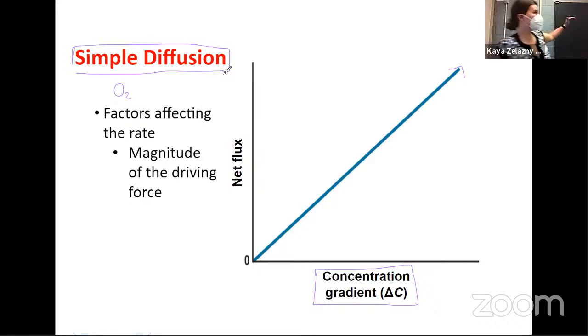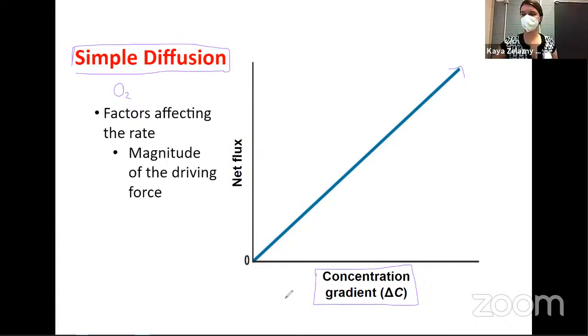The only time we're thinking really about those electrical gradients, those electrical driving forces, is when we're thinking about ions. So it's not O2 plus, it's not O2 minus, it's just O2. That's why it can get across the membrane. That's why it can do simple diffusion. And that means that there's no electrical force on it.